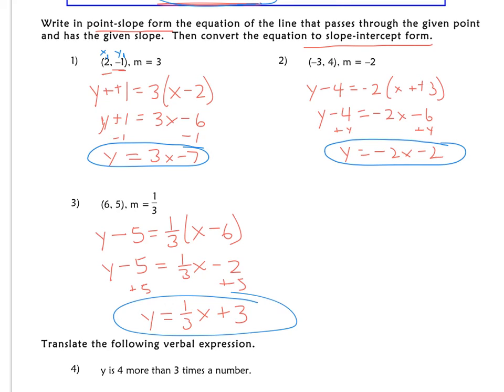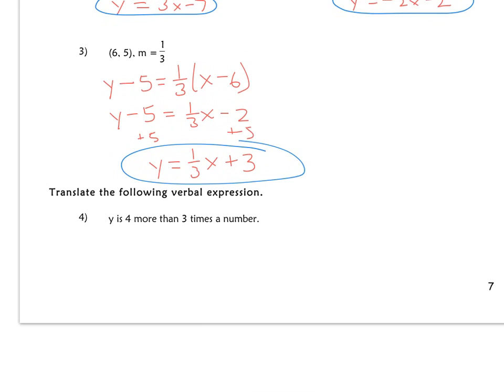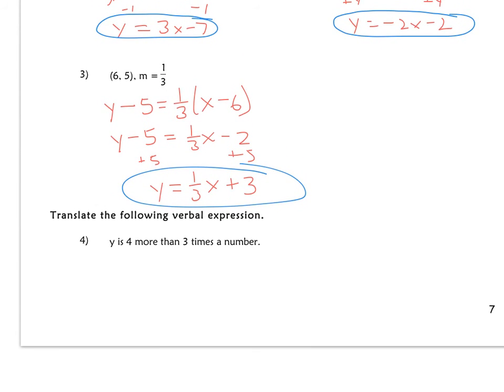Alright, earlier in the chapter we were talking about translating expressions. We're going to continue with that. So in our next example, the only difference is you're going to see the phrase "y is." Just remember, "is" means equal to. So that's a key idea that we need to know.